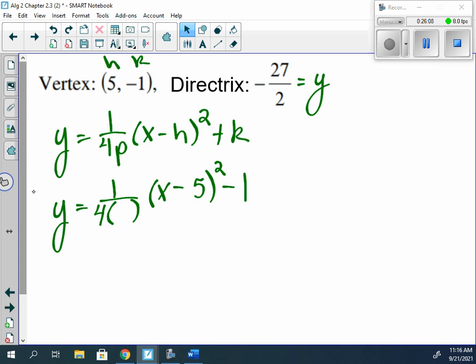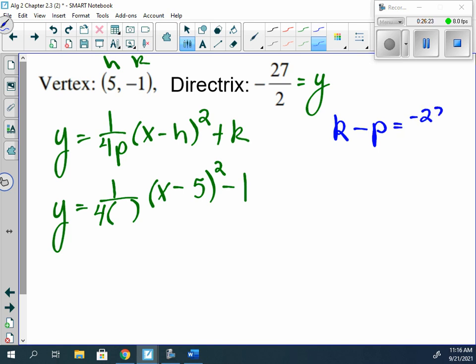Now, for the directrix, the general equation is what for this one here? It is k minus p, and this here is equal to negative 27 over 2. Well, what is k?